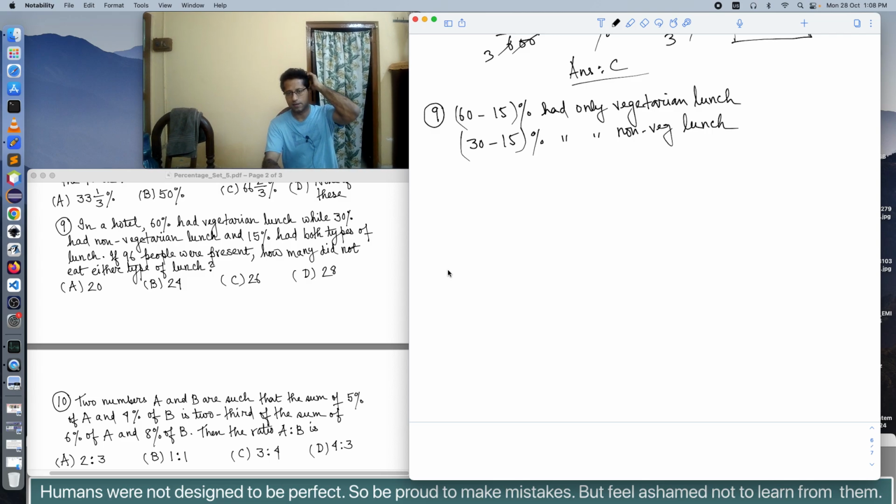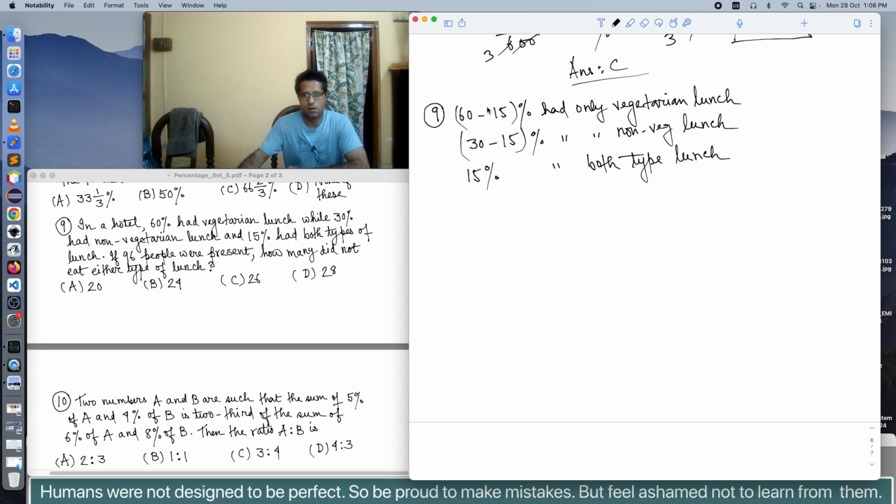That is, neither they ate vegetarian nor non-vegetarian lunch. So we have this, and also we have 15% who had both types of lunch.